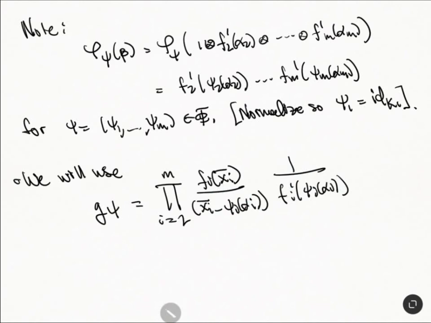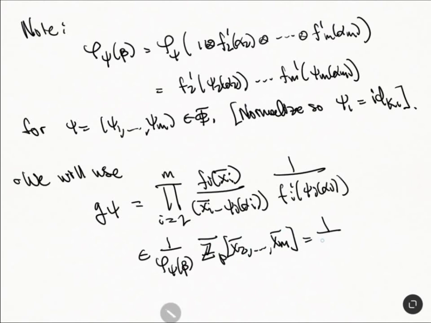We're going to use this presentation. So this is an element of 1 over, and notice what the denominator is. The denominator is this thing exactly. So beta here, and then Z_p bar, x_2 bar, x_m bar, which is the same as saying this denominator with this T bar here.